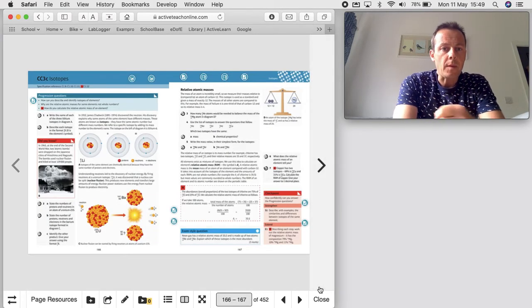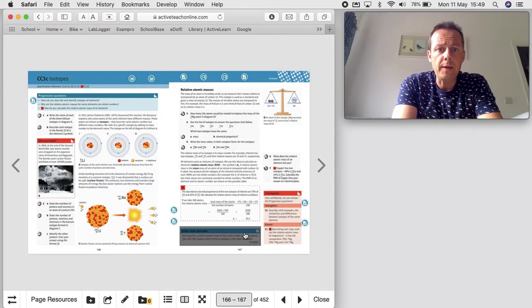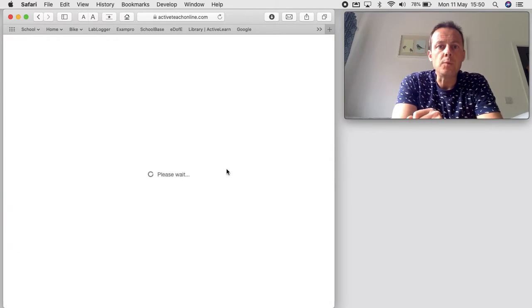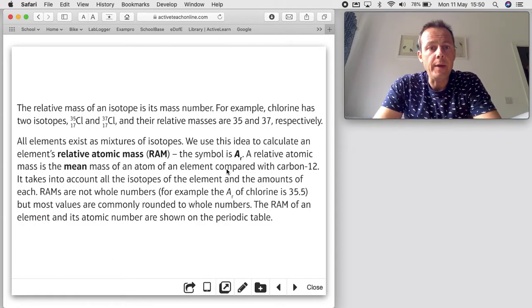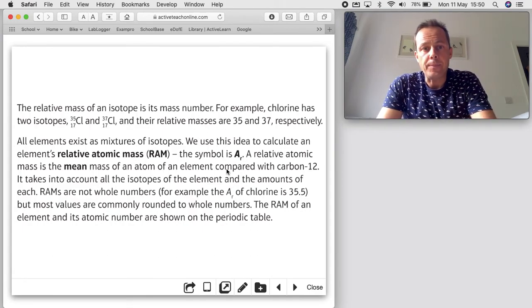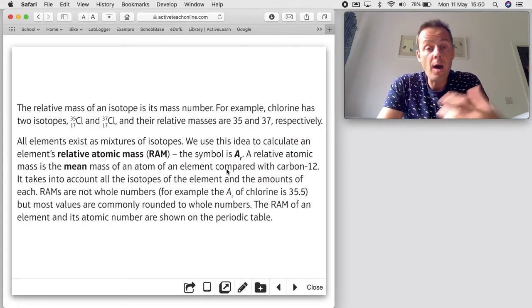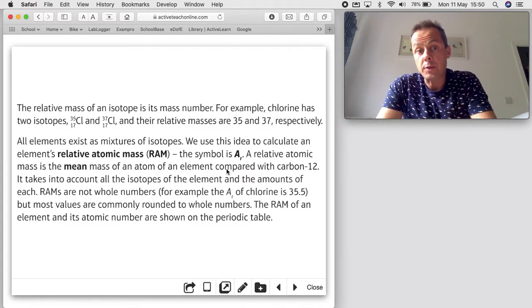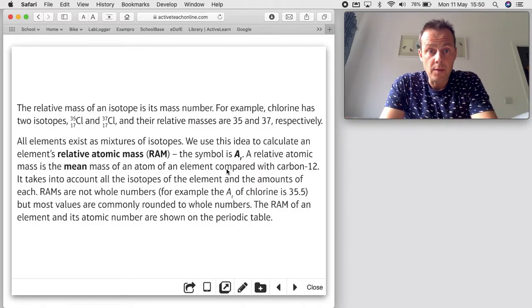Now, moving on, we need to have a look at why the relative atomic mass of an element is not always a whole number. If we look at an example here, which is chlorine. Chlorine has 2 isotopes. It has chlorine 35 and chlorine 37. Now, if half of all of the chlorine in the universe was chlorine 35, and the other half was chlorine 37, the average mass of chlorine would be somewhere between the 2, so it would be 36.